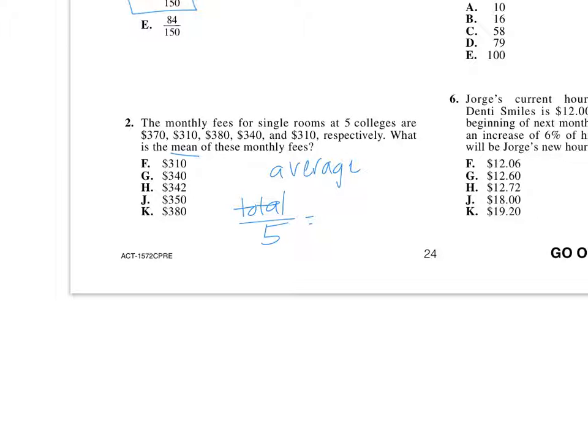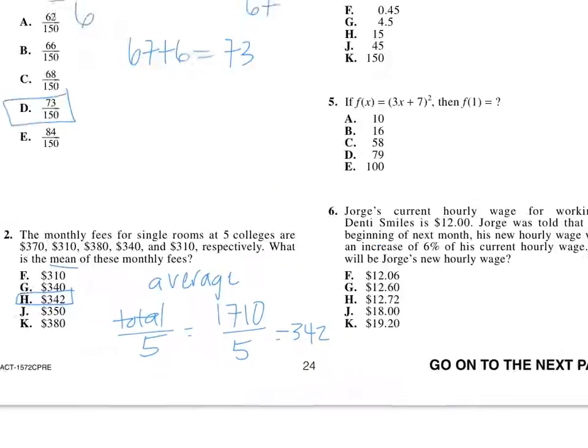So 370, I'm just going to add these all up here. 370, 310, 380, 340, and 310 again. Add them up, divide by 5, and I got 342. H.